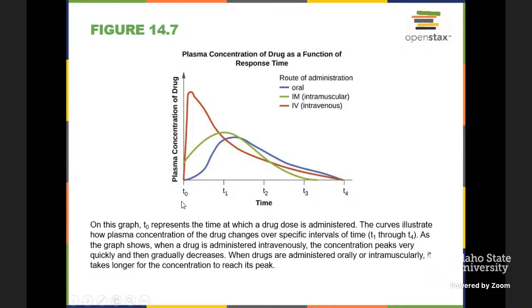So looking at this, we've got a time frame down at the bottom. Could be days, whatever, doesn't matter. And then we've got the concentration of the drug going up the y-axis. We don't have any numbers here, all right? So the first one in red is the IV administration. And this makes sense.